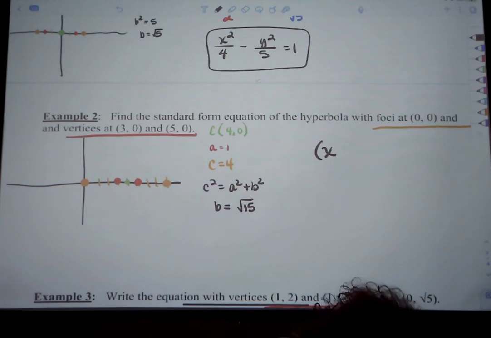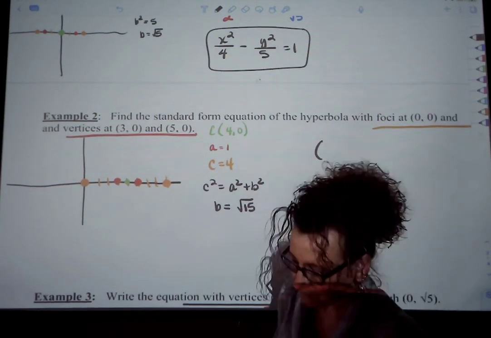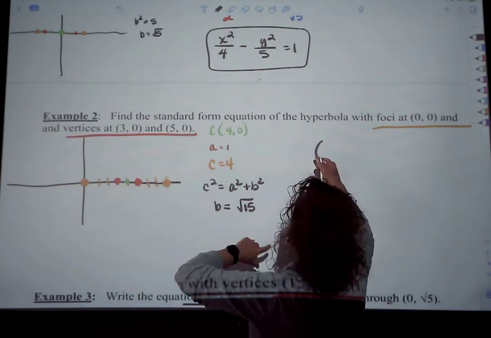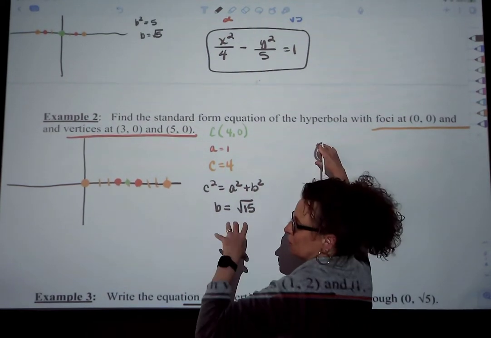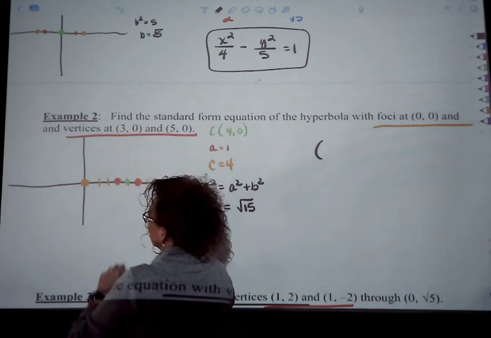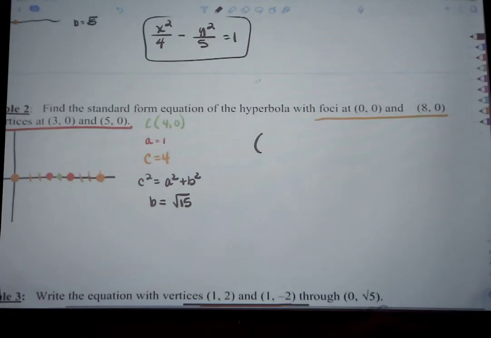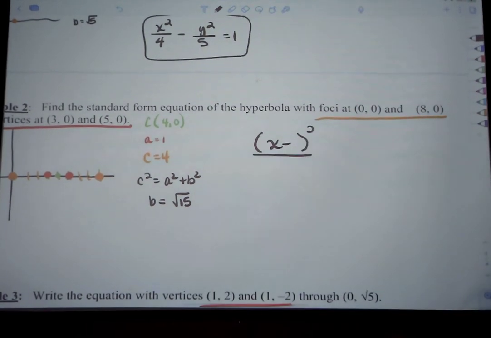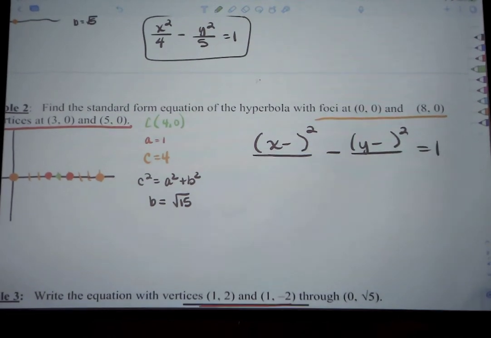Oh, hold up. Yep, it was going the right way. I thought I did something wrong. So the one out front is going to be the positive one, and that's going to determine our orientation. So our orientation is this way. So the X is going to come first. My center is at 4, 0.